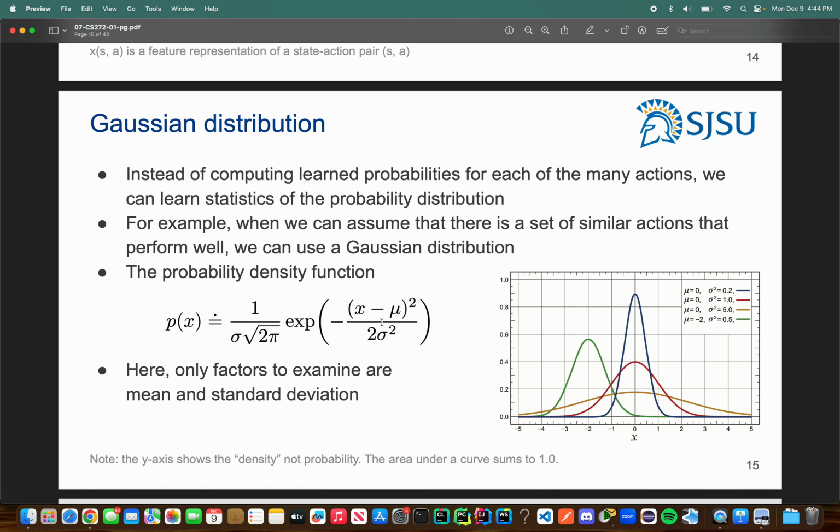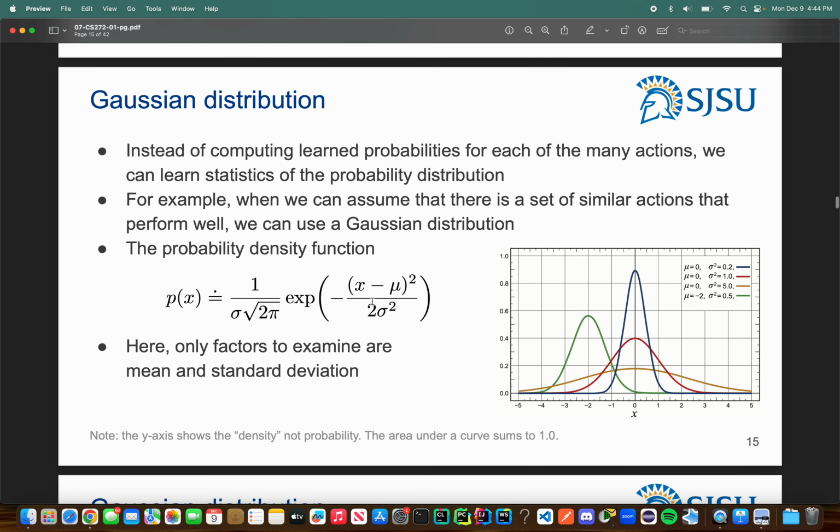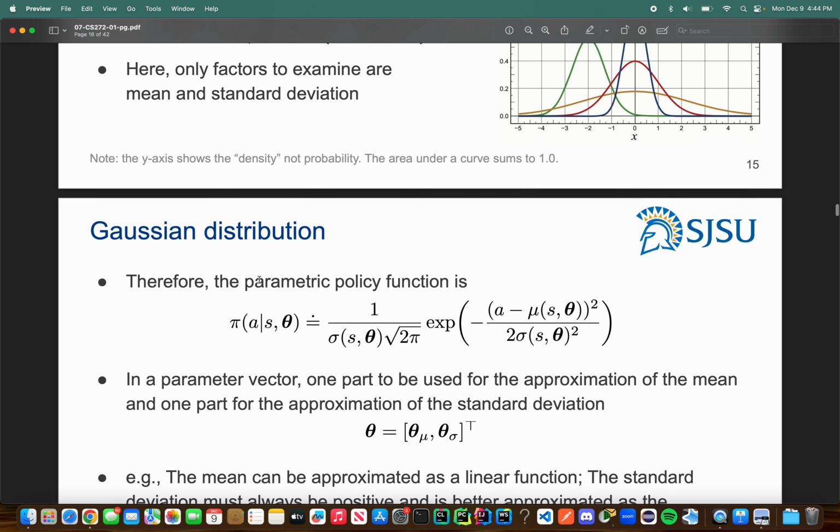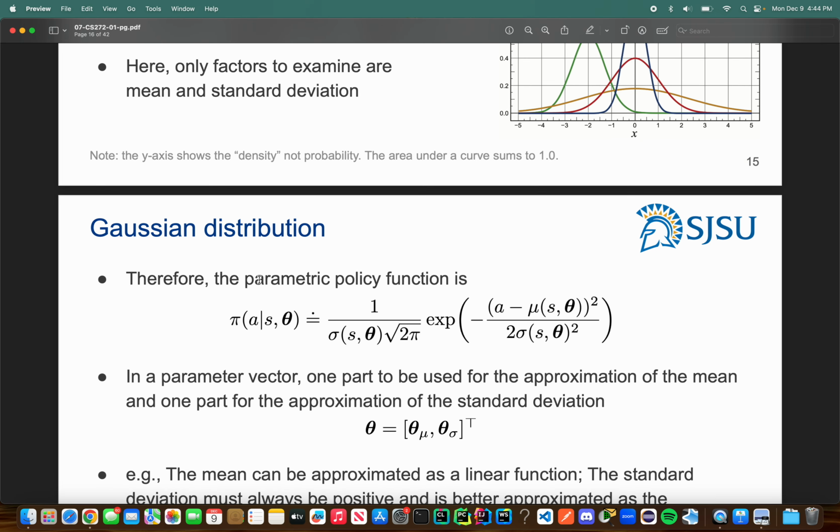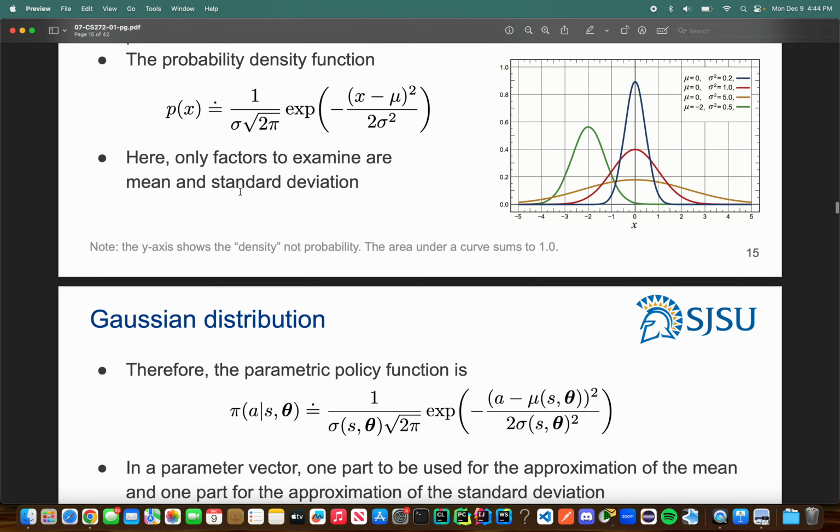Gaussian, so this is the PDF function for the Gaussian distribution. Given a certain mean and standard deviation, you can compute the PDF. Parametric. So now you're just applying that PDF function to your parametric policy definition.